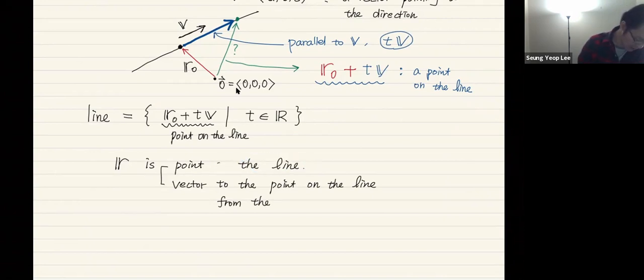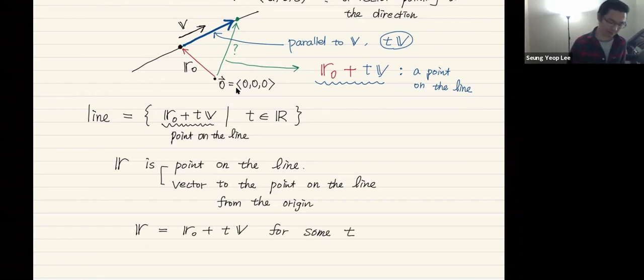The vector R is either a point on the line, meaning that R is 3 numbers giving me the coordinates of the point, or equivalently a vector from the origin to the point on the line. This R can be written as R0 plus t times v for some real number t.